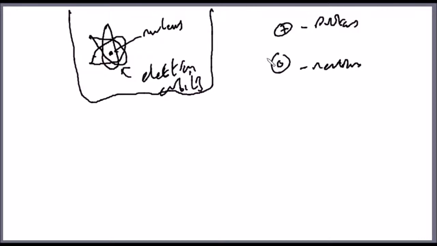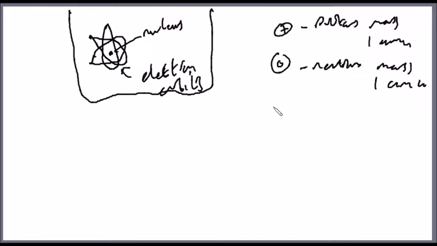Hydrogen has a mass of 1, therefore a proton has a mass of 1 because hydrogen is just 1 proton. So a mass of 1 atomic unit. Same with a neutron. Sorry about my writing, it's not great. Protons and neutrons make up the nucleus.